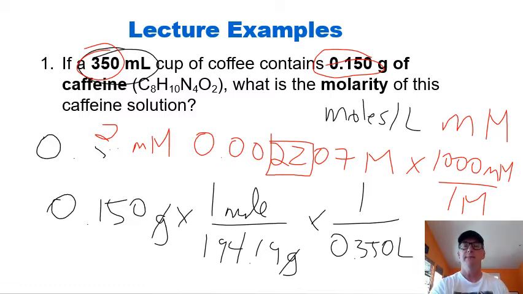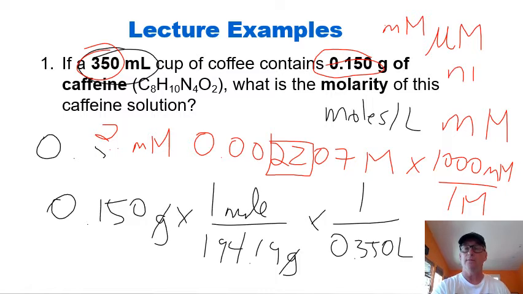You will see micromolar, which is 10 to the minus 6 molar, and you'll even see nanomolar, which is 10 to the minus 9 molar. So for really dilute solutions where we're doing reactions and we still need moles, we'll have millimolar, micromolar, nanomolar.